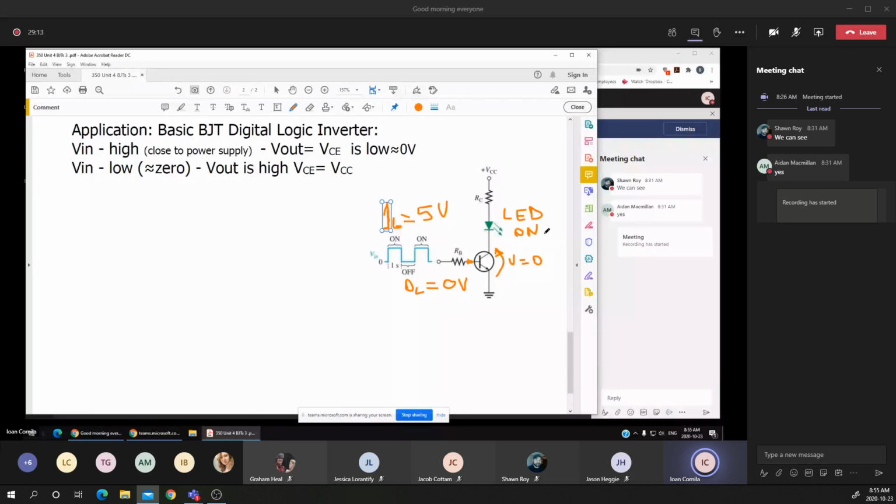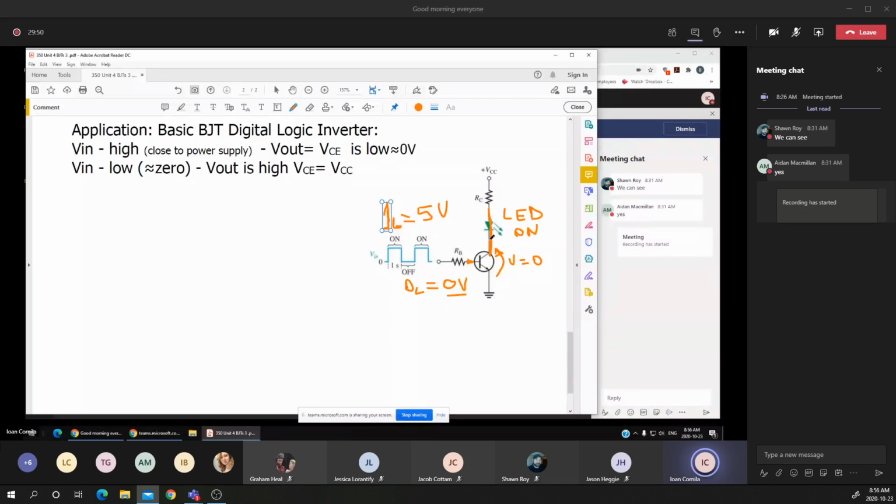Okay, now suppose that I'm applying a 0 logic. What does 0 logic mean? 0 volts means that there is no voltage, or no current applied on the base. If there is no current applied to the base, the LED will be in off state. But suppose that I'm not having an LED to visualize the presence of the current that flows through the transistor.